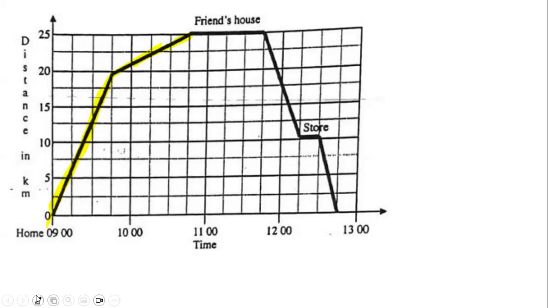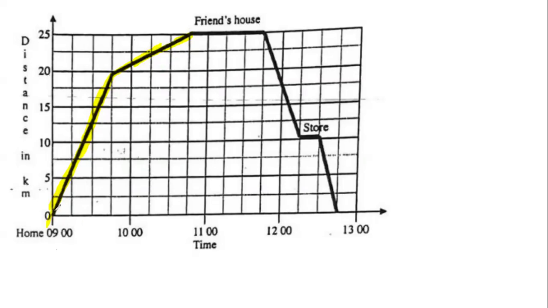Let's see how we're moving. That's the first thing. The first thing we have to determine is how we are moving. They got 10:45.